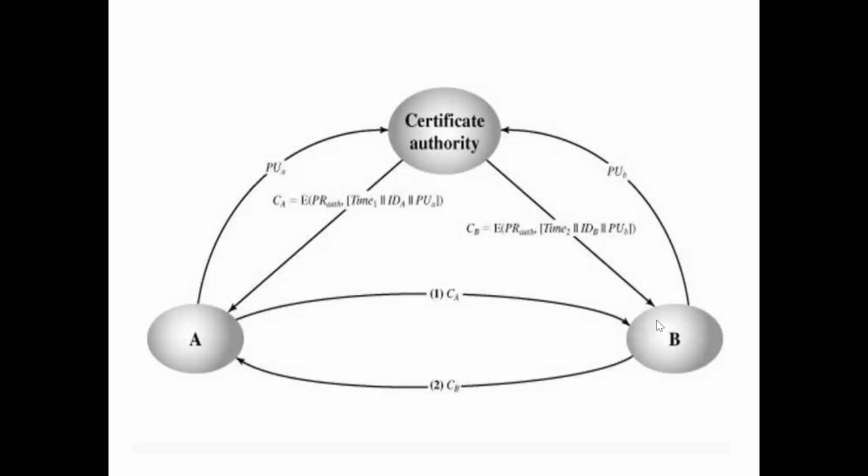Then the responder requests the certification authority: I want to communicate with the initiator, please provide my certificate. The certification authority sends the certificate to the responder, encrypted by the certification authority.